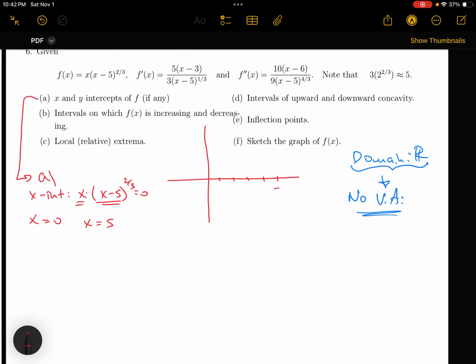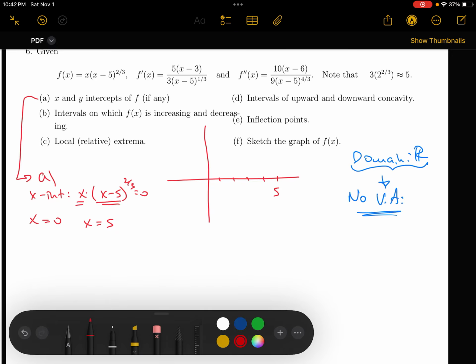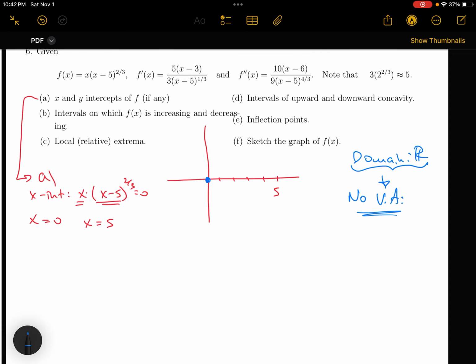So 1, 2, 3, 4, 5. The first 2 points on this graph are right here and right here. The x-intercepts. If the graph goes through the origin, right away you have the y-intercept as well, because it is impossible to have more than one y-intercept, so also 0, 0. So we have found the x and the y-intercept in A.